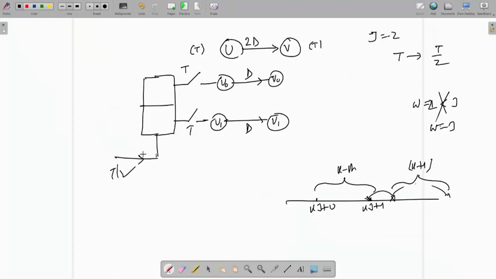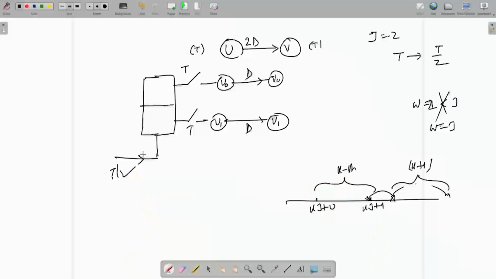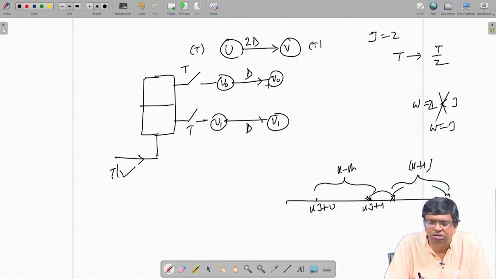And if the original delay W is less than J, then some of the edges will be delay free, and some other edges will have delay 1. And so the critical path will again increase. The computation times of the nodes involved will get added. That is why it is important that you do retiming beforehand, suitably, so that after unfolding no new delay free paths emerge.